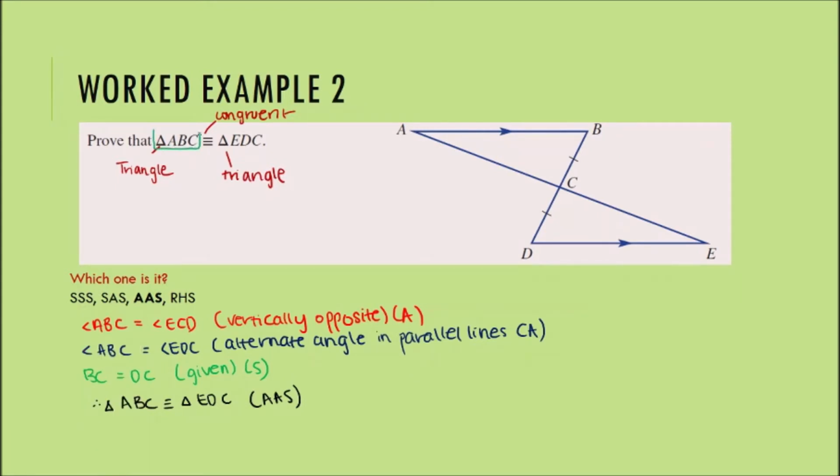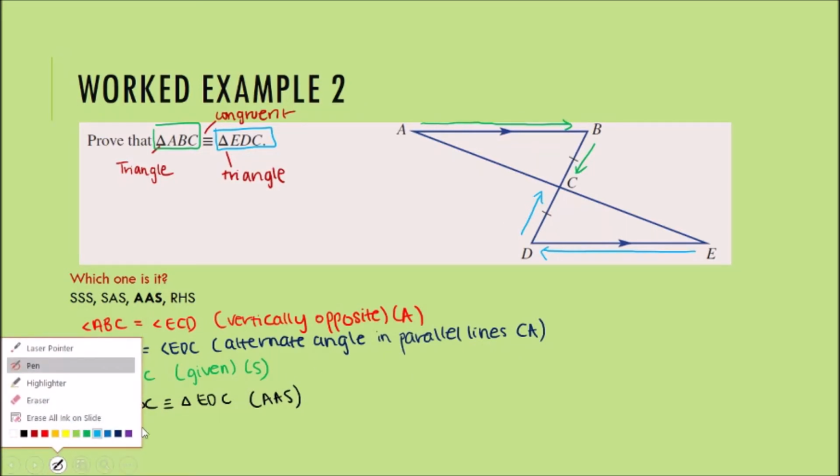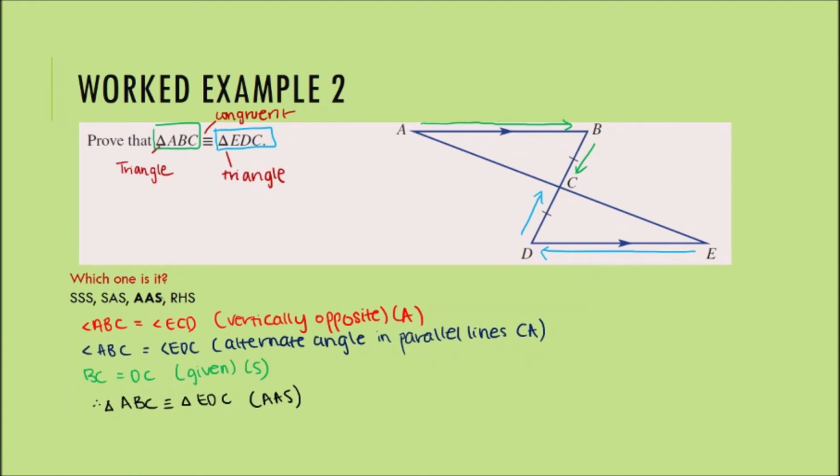So ABC, so A to B and then C. That's how I'm reading it. And the next one in blue, triangle EDC, E, D, and then C. That's how I'm reading. Do we see how it's literally a mirrored image? That's what you want.